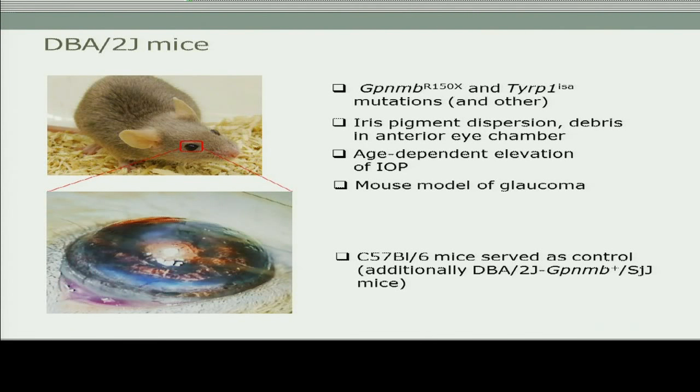And as a result, they display iris pigment dispersion, and the debris from the pigment is blocking the outflow of the aqueous fluid. So as a result, they develop an age-dependent elevation of intraocular pressure, and they may serve as a mouse model of glaucoma.